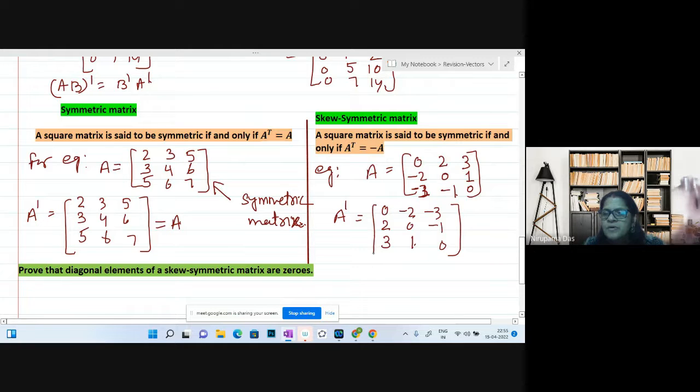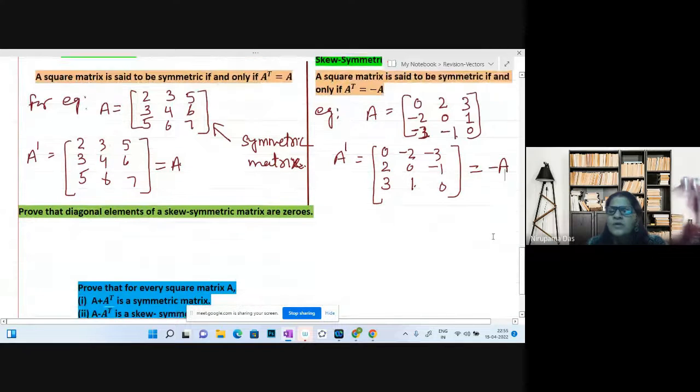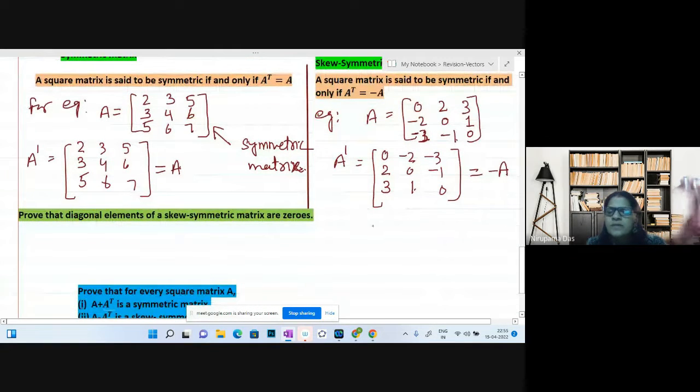If you observe here, you see 0, 2, 3, 0, minus 2, minus 3; minus 2, 0, 1, 2, 0, minus 1; minus 3, minus 1, 0, 3, 1, 0. It means it is exactly the negative of A. A transpose equals minus A. So here A is a skew-symmetric matrix.